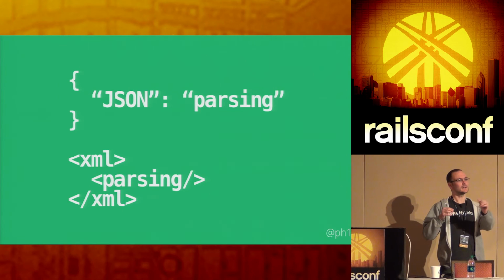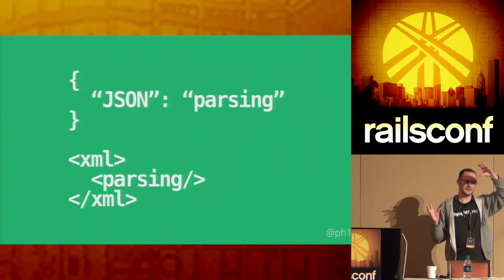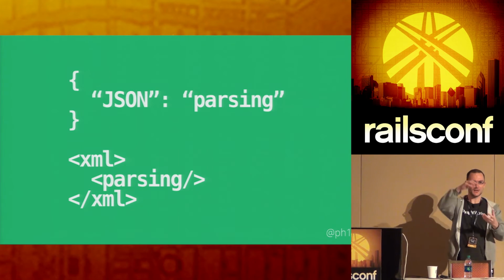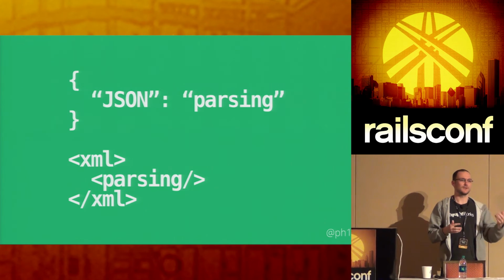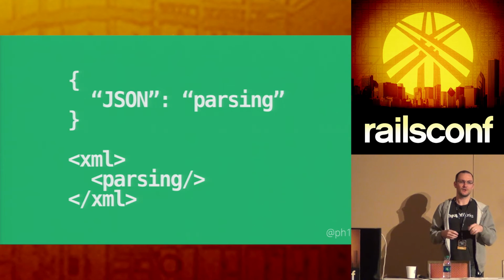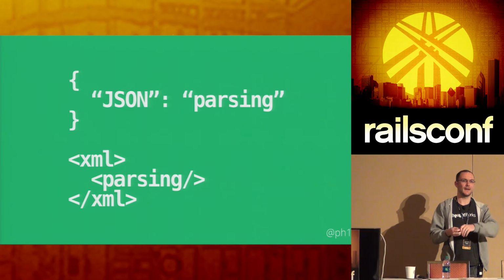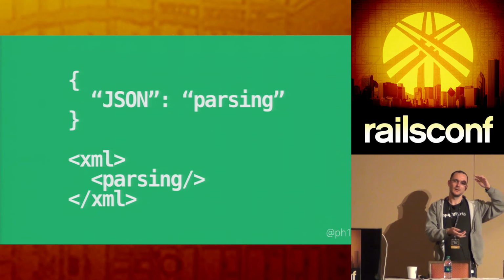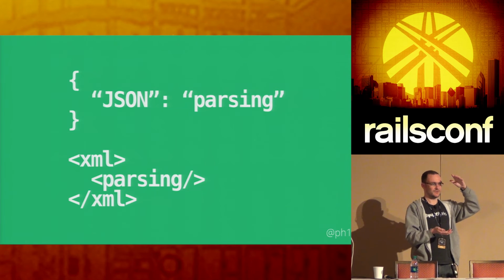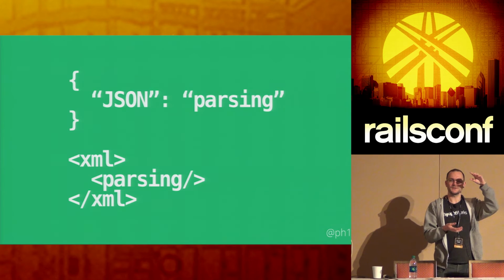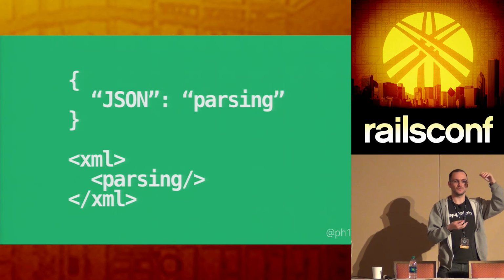So step one is we have this stream of bytes, or this raw string, and we want to turn it into this kind of generic data structure, like a hash of arrays of objects, right? So you do JSON.parse or whatever, and you get this kind of generic data structure out. But if we're following the principles of hexagonal architecture, we don't want to deal with JSON data structures or generic data structures.